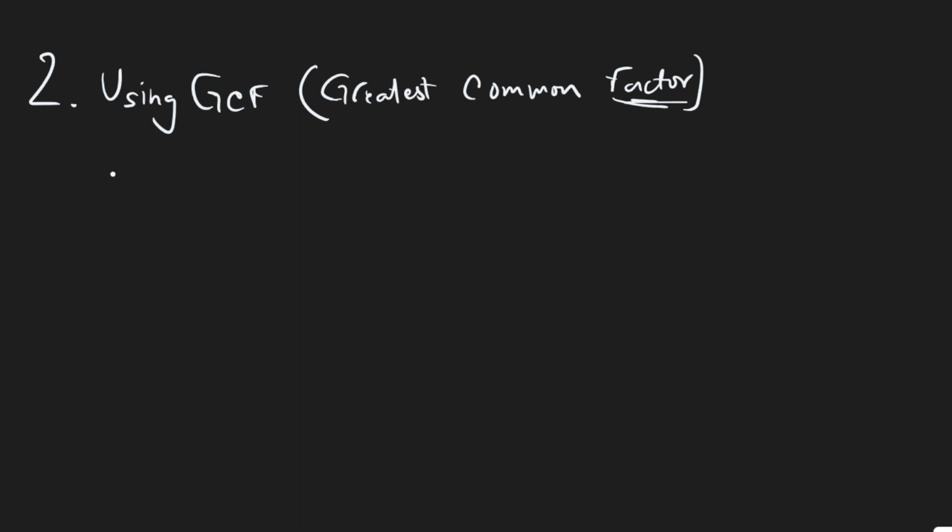If you're simplifying a fraction using the greatest common factor, the GCF, we have some steps. I'm going to give you those steps. Step number one: find the factors of each number.